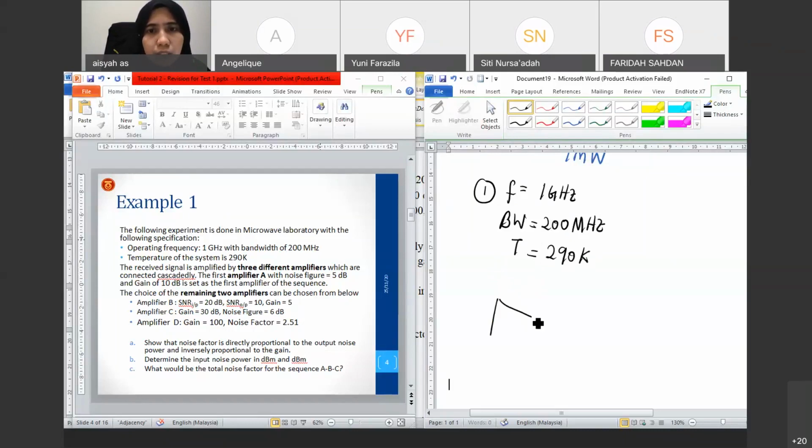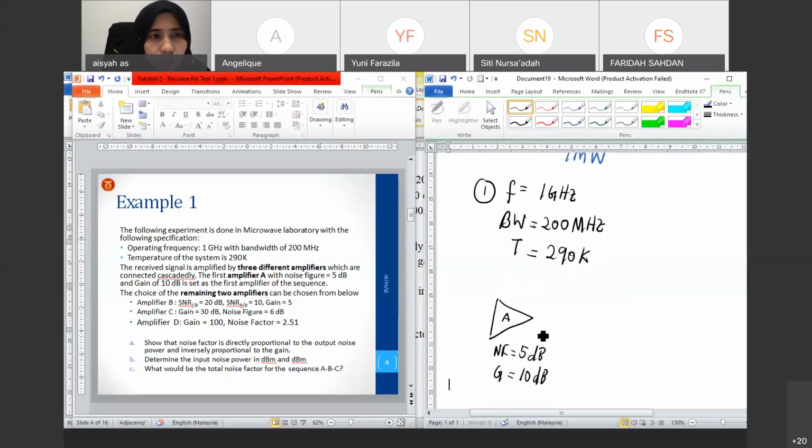The first amplifier A has a noise figure of 5 dB and a gain of 10 dB, and is set as the first amplifier of the sequence.